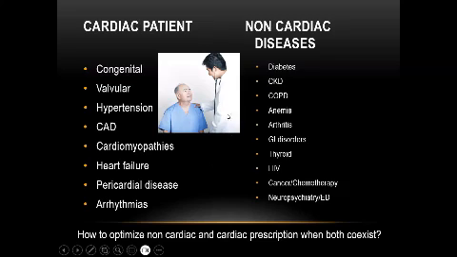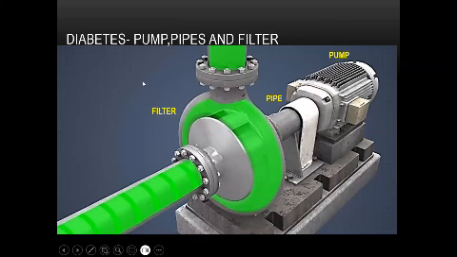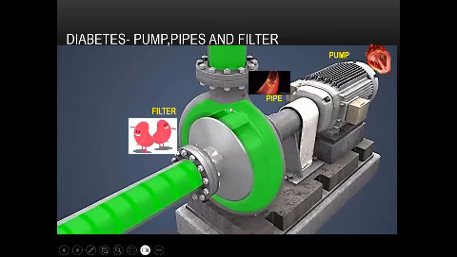When both are coexisting, how are you going to change your cardiac drug and how are you going to change a non-cardiac drug? So first, the commonest, I take diabetes, which is easy to understand. As you know, many times I told you diabetes affects the heart in the form of the pump because it affects the heart muscle itself, and it affects the pipe in the form of disease in the coronary arteries, and also it is going to affect the filter, which is the kidney.